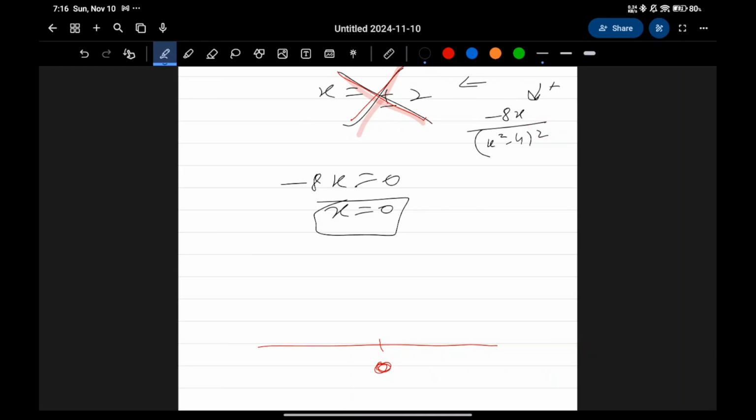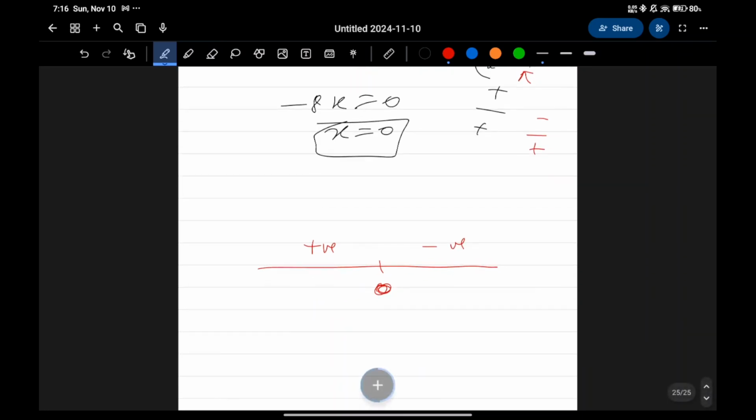So I have positive over positive, which is just positive. And if I plug in something bigger than 0, it becomes negative 8 times some positive value. That's negative, and this always stays positive. Negative over positive is negative.